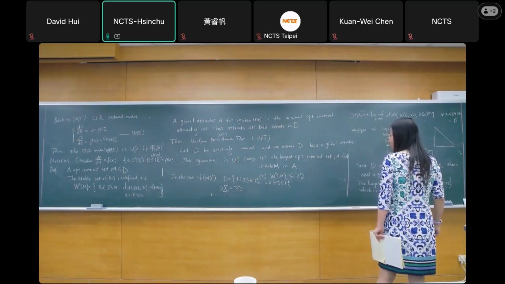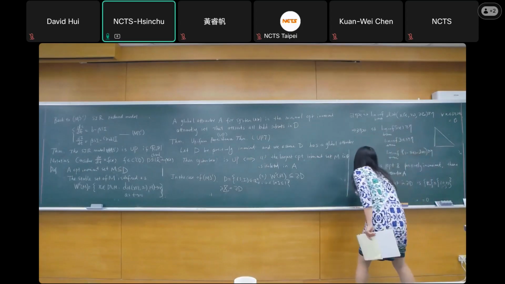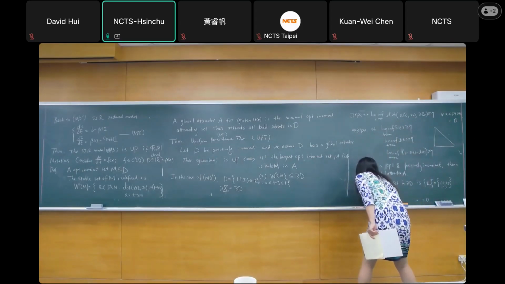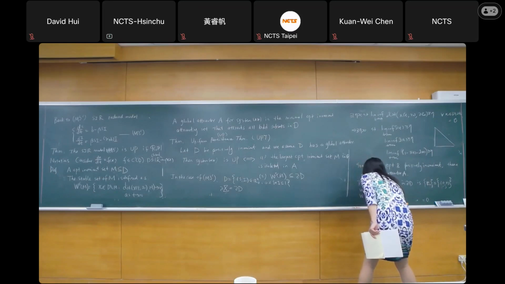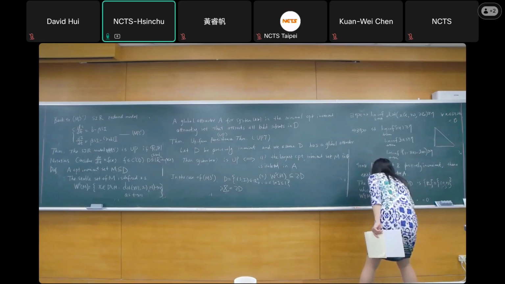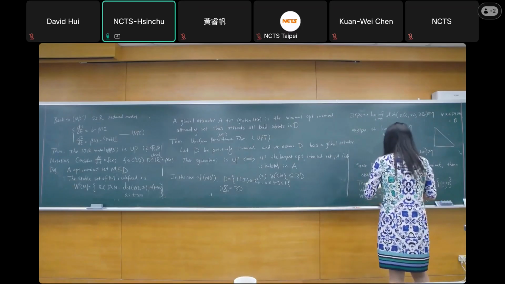The second thing we want to check is that the stable set of M cannot get away from the boundary.